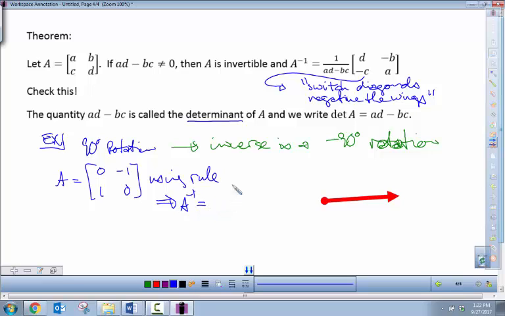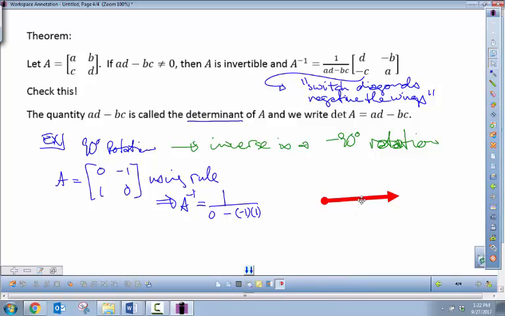Fraction out in front, it's part of the formula. So the denominator here would be 0 times 0 minus negative 1 times 1. And then we switch the diagonals, so they're both equal to 0.